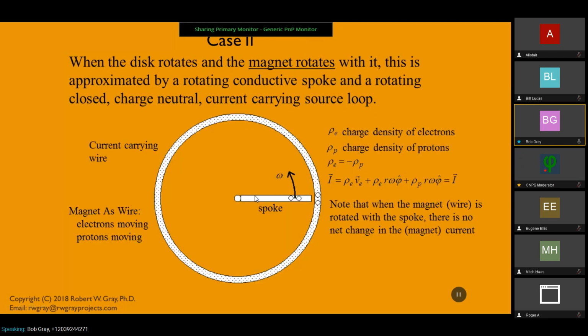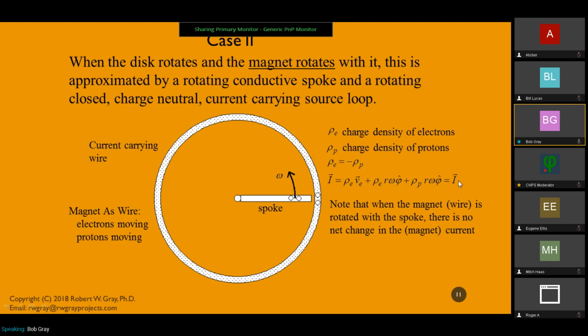Okay. In case 2, where you have the magnet rotating with the disk, what happens is that you just add an additional component to the current in that magnet wire, or the magnet as a wire. And the components are the rotational speed of the disk, but there's electrons in that conducting disk and protons.